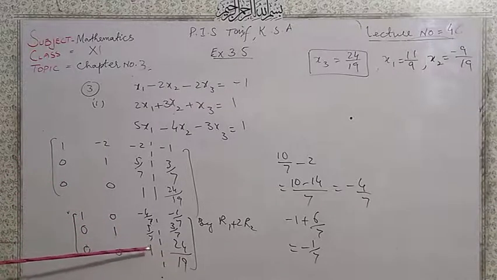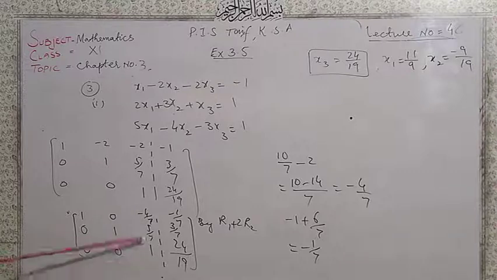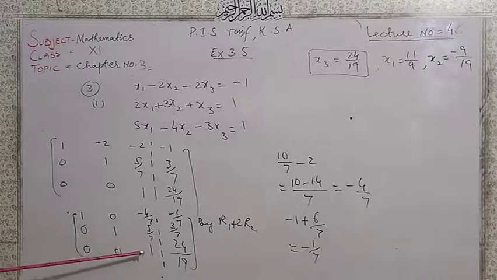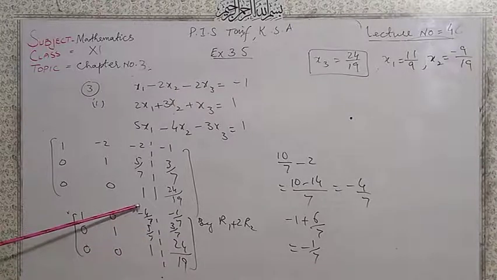But here in column number 3, we have to make 0 above 1. These two zeros above 1. So here it is multiplied by minus 5 over 7 and added here, and this is multiplied by plus 4 over 7 and we will add this in R1.